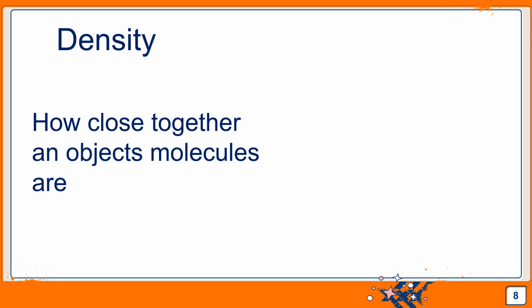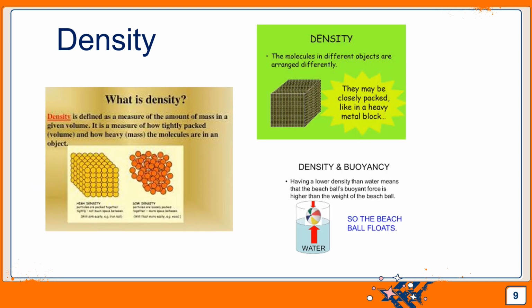Density. How close together an object's molecules are. We just learned what a molecule is, so now we know that how close together an object's molecules are is density. What is density? It's defined as the measure of the amount of mass in a given volume.